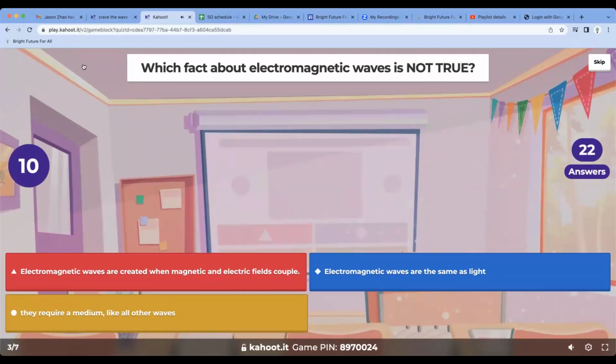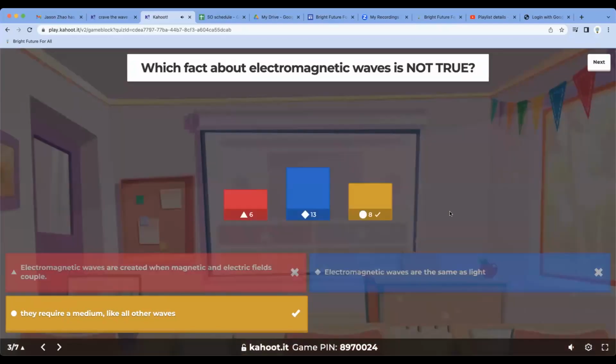This should be an easy one. Oh, never mind then. If I didn't make this clear enough, electromagnetic waves are the equivalent of light, because all light is just some part of the electromagnetic spectrum.